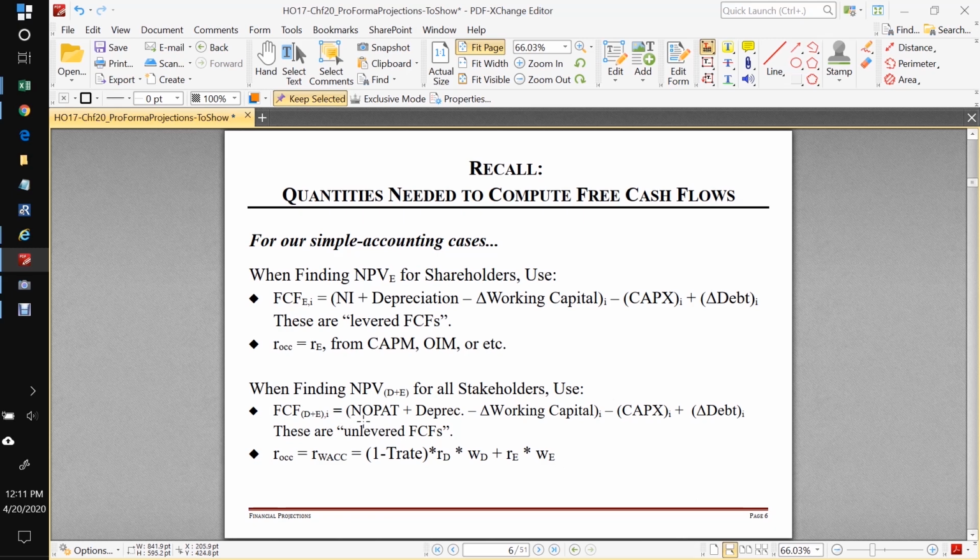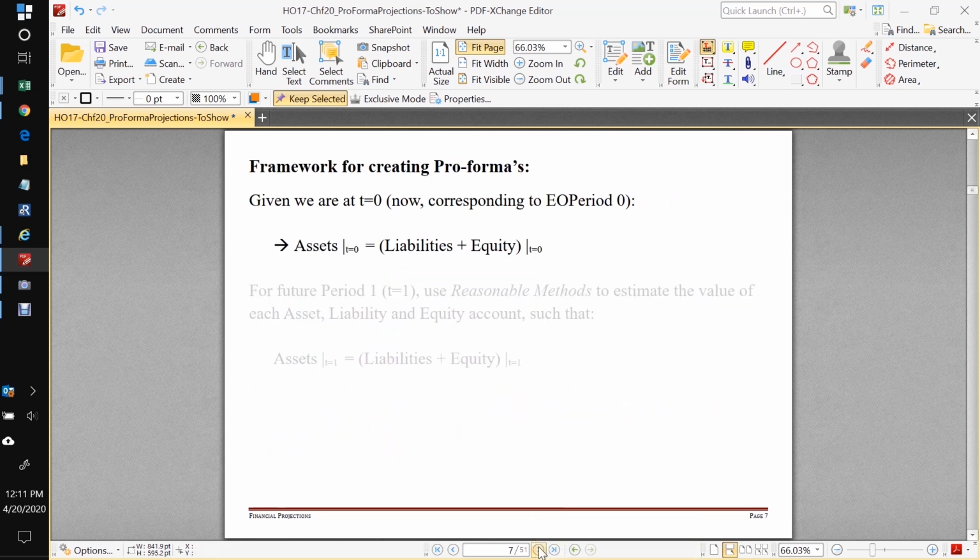We have NOPAT, which is our net operating profit after tax, which is EBIT minus tax on EBIT, plus again depreciation, changes in working capital, et cetera, et cetera. So to get all these numbers in the future, we're going to have to use pro forma financial statements and pull these quantities that we want out of those projected future financial statements.